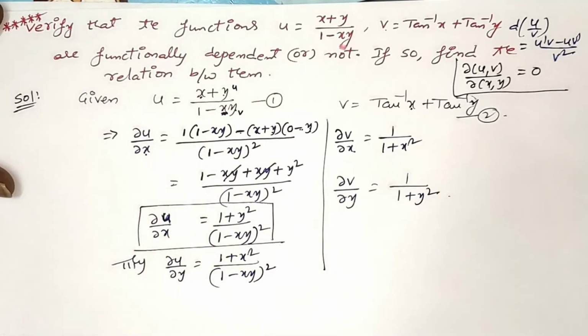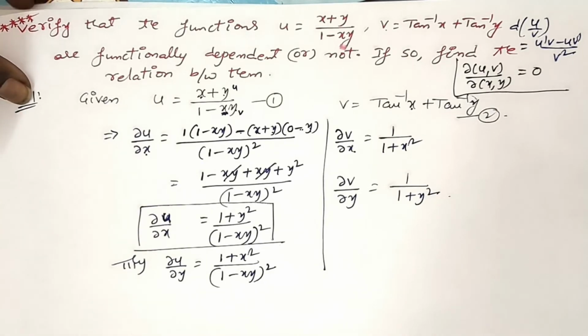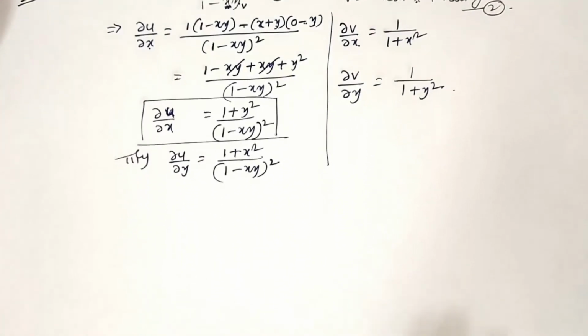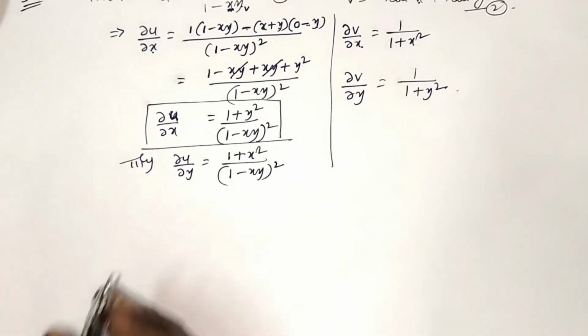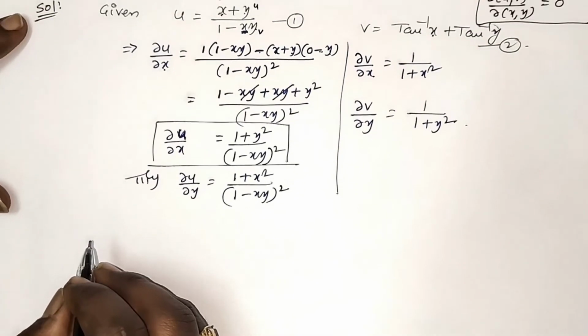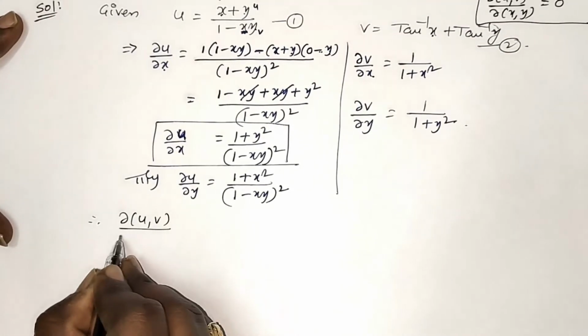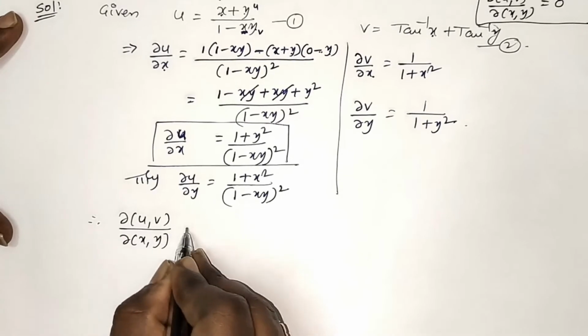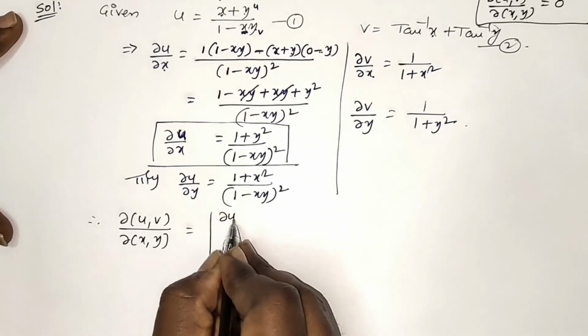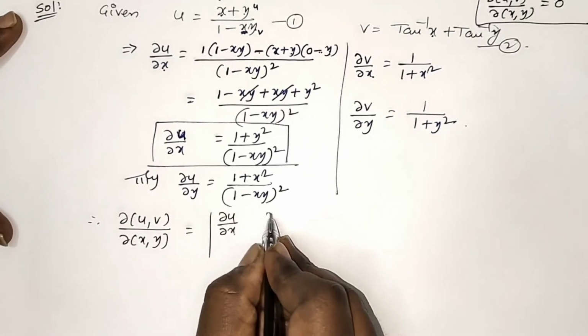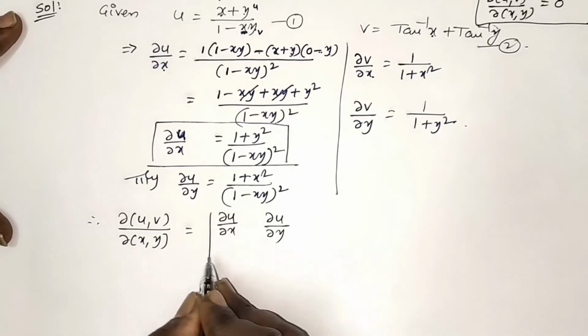Already I told you, for Jacobian problems, knowledge of partial derivatives is very, very important. Now calculate the Jacobian. Therefore, the Jacobian of u, v with respect to x, y is equal to, what is the formula for this one? The first row is dou u by dou x, dou u by dou y.